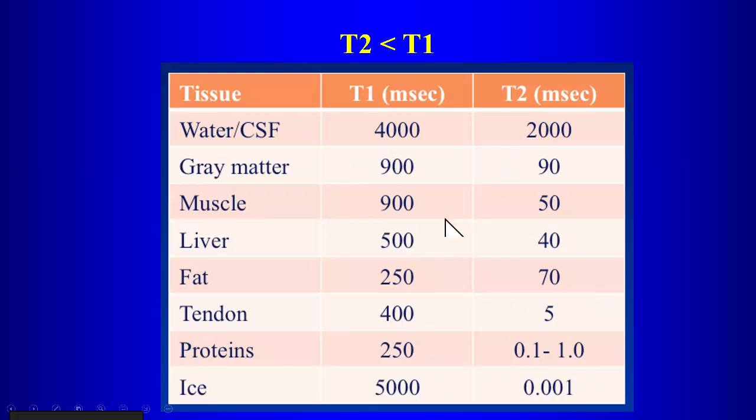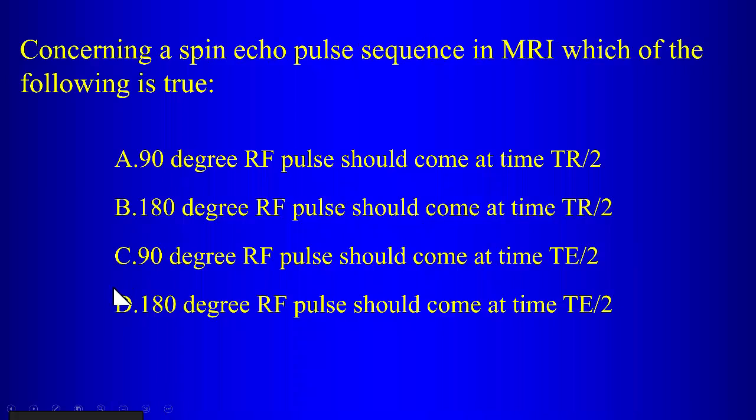So if we do a T1 weighted sequence where we take advantage of this, that's going to make fat bright. If we do a T2 weighted sequence where tissues with a long T2 are going to be bright, that's going to make water bright. Okay? So different tissues have different T1s and T2s, and by setting up your sequences to take advantage of that, you can bring out the signal characteristics of these different tissues.